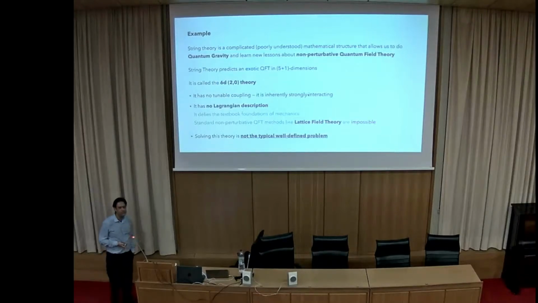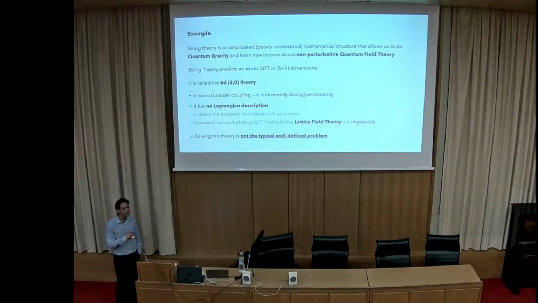And more importantly, it's one of these examples that doesn't have any Lagrangian description, right? The first thing we learn in first years at university is you give me a Lagrangian or a Hamiltonian, and I know what to do after that. This is the basis of mechanics, it is everything. Okay, but this one doesn't seem to fit in this framework.